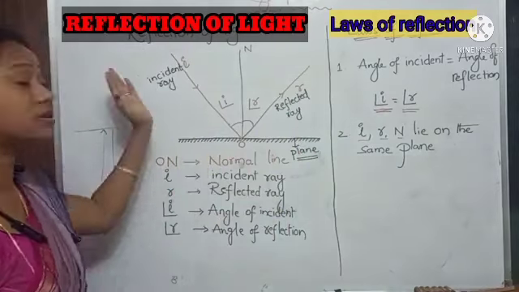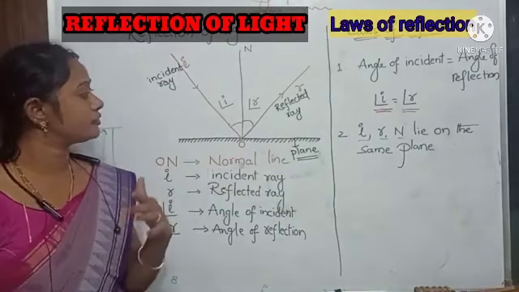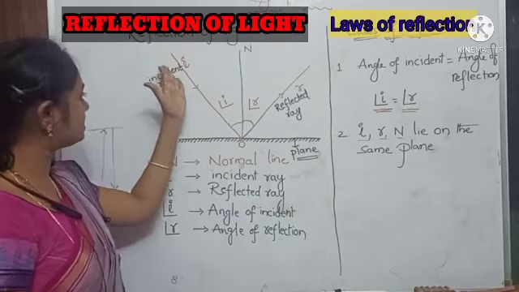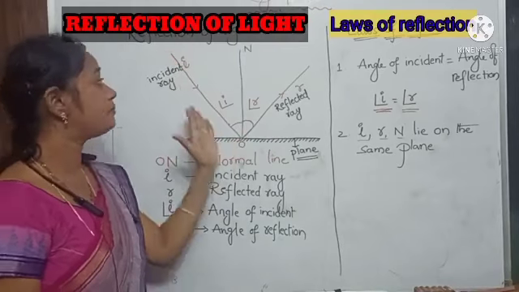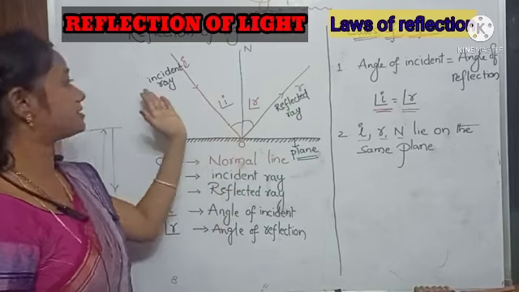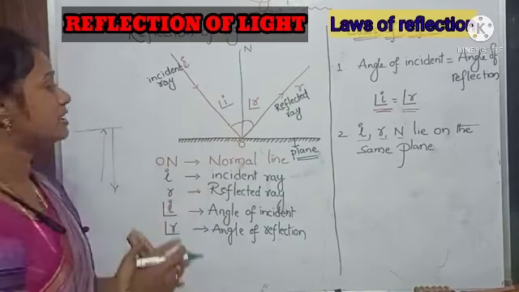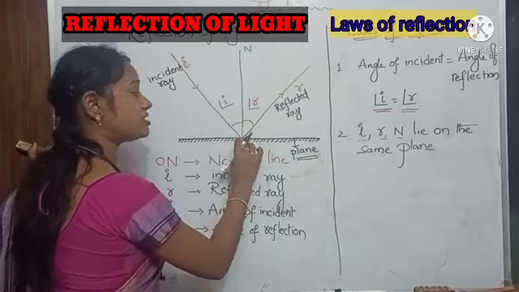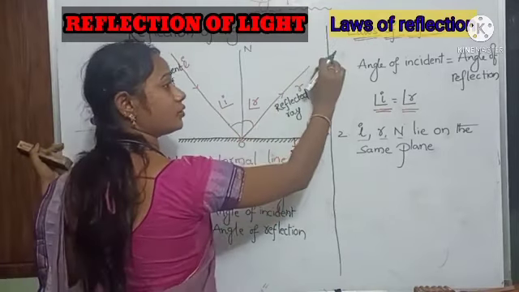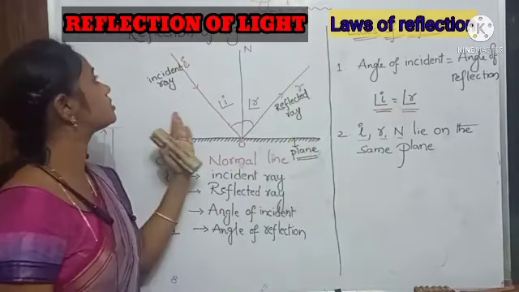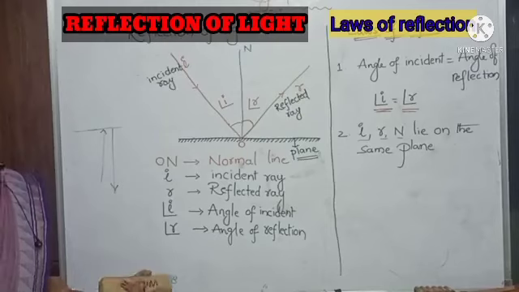That is nothing but the reflection of light. For this, take a plane mirror. The light ray which we are going to send is known as the incident ray. When it is incident on a plane, it just bounces back in the same medium, which is known as the reflection of light.